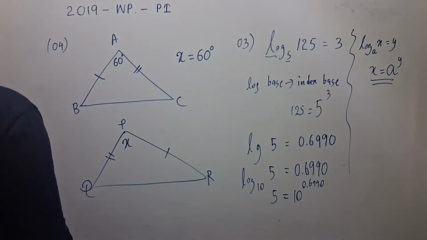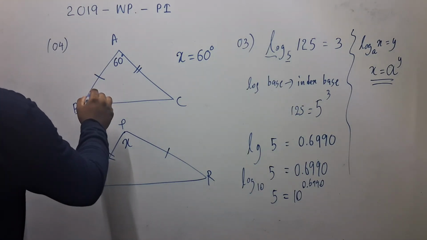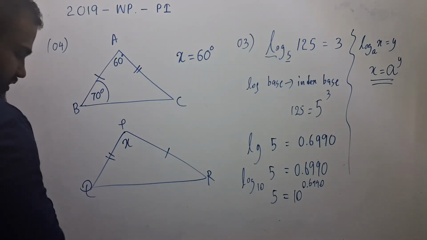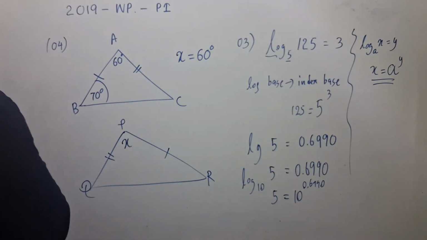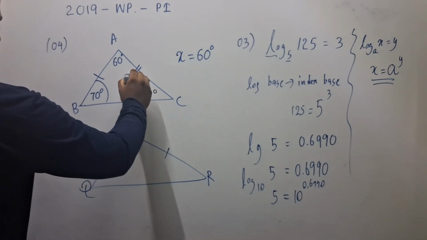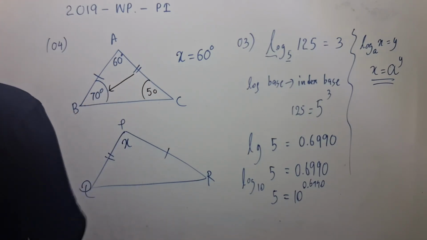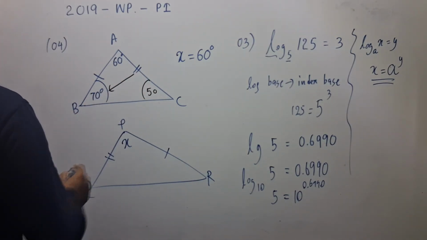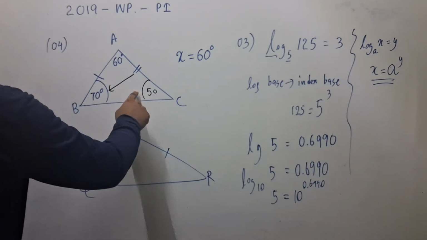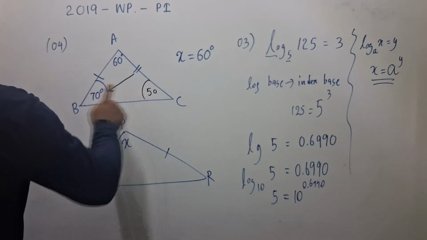Then they have given 70 here. 60 plus 70, 130. So the remaining angle becomes 50. The opposite angle for the double-line side is 70, and the opposite angle for the single-line side AB is 50.